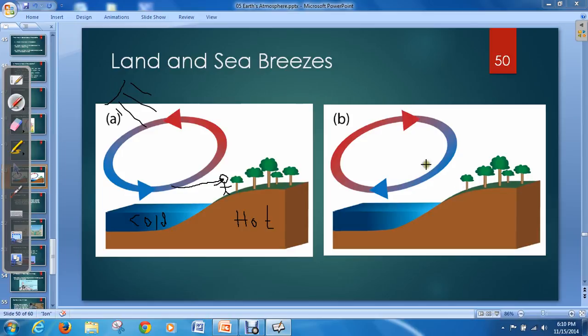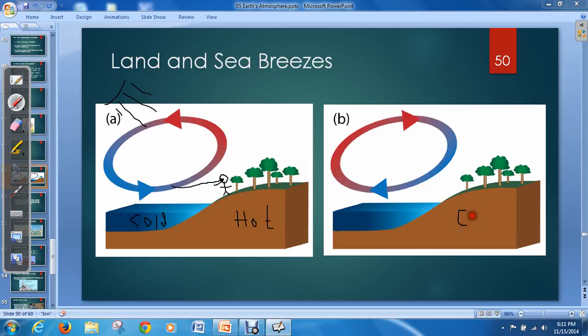By this time, let's say this is the evening now. If you think about which one's going to cool first, the land or the sea, now the opposite is true. The land is going to cool first, so the roles are reversed.